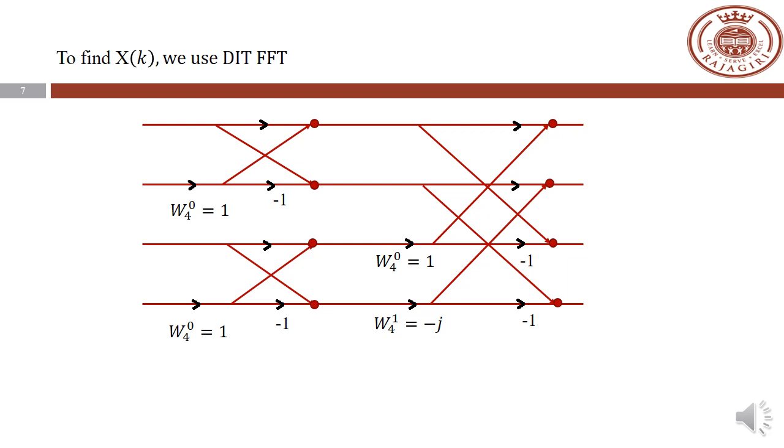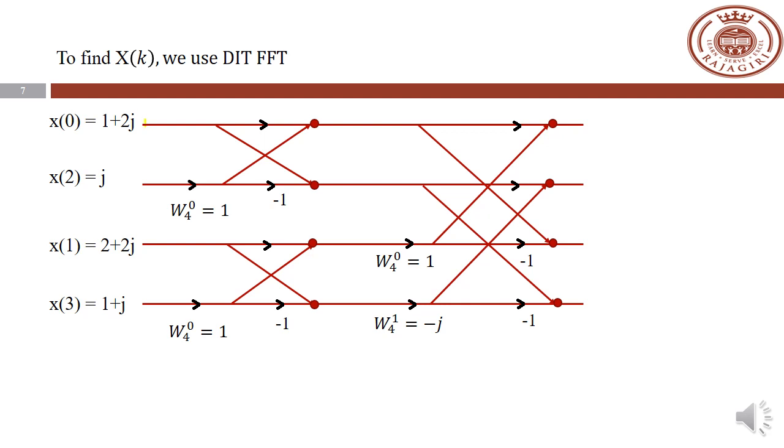So, the inputs are marked as x of 0, x of 2, x of 1 and x of 3. Since we are finding a 4-point DFT, there are two stages. The first stage is the 2-point DFT and the second stage is the 4-point DFT. First, we'll compute the outputs of the first stage.